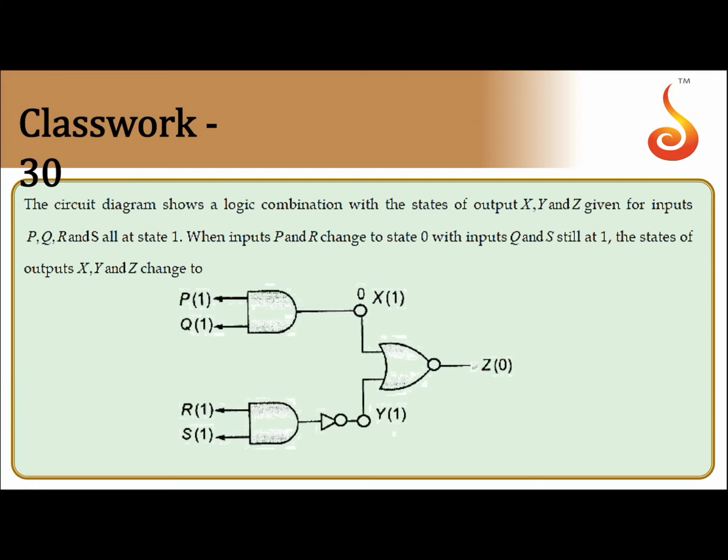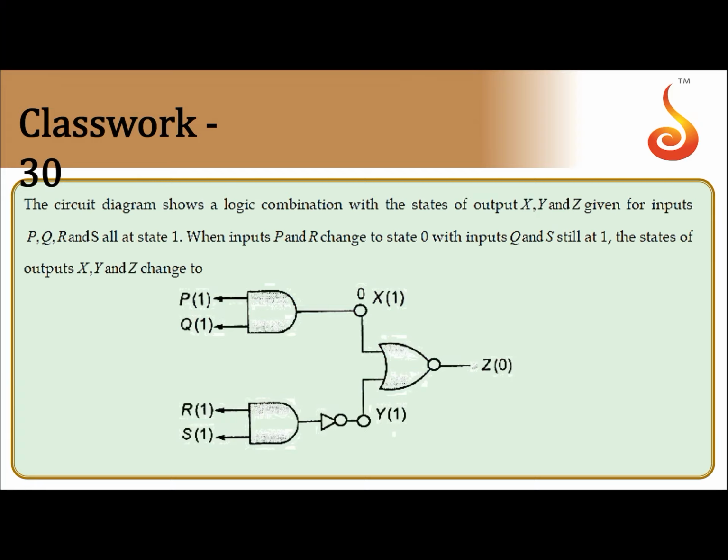Yes, we'll move on to the next one. The circuit diagram shows a logic combination with the states of output X, Y and Z given for inputs P, Q, R and S all at state 1.